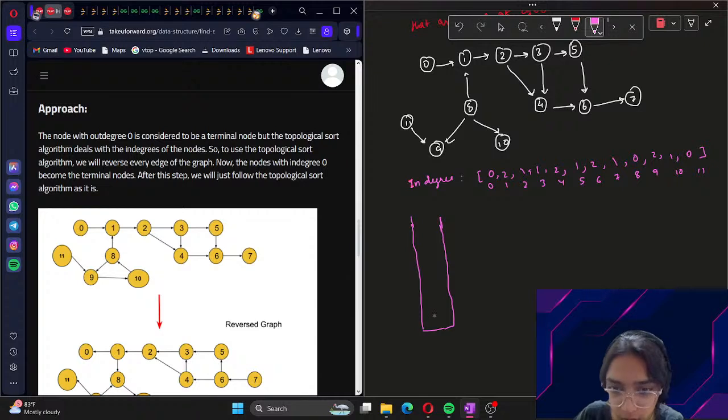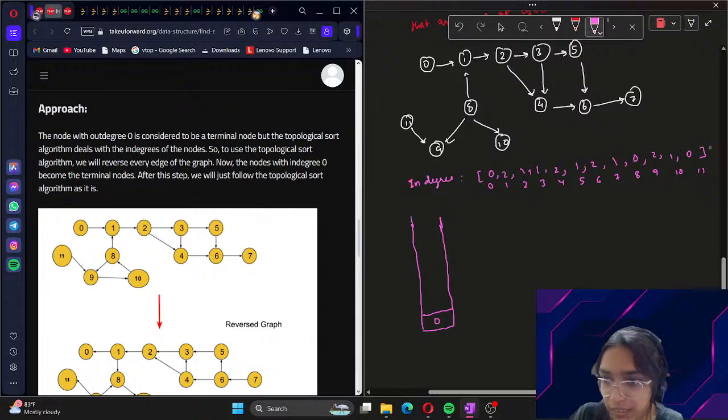It pushes all the nodes which have in-degree 0, so node 0, node 8, and node 11.